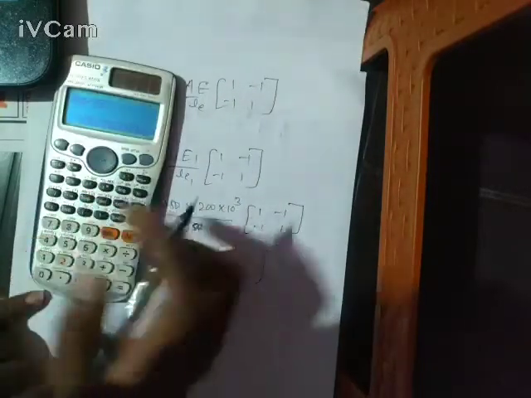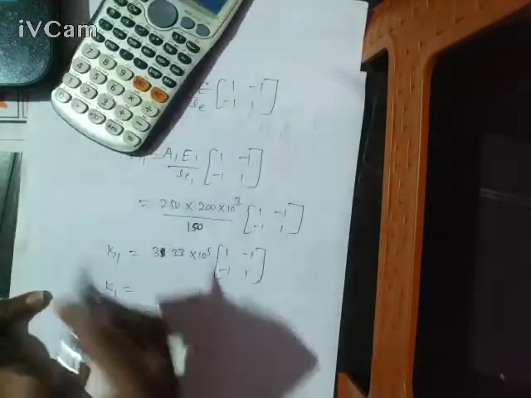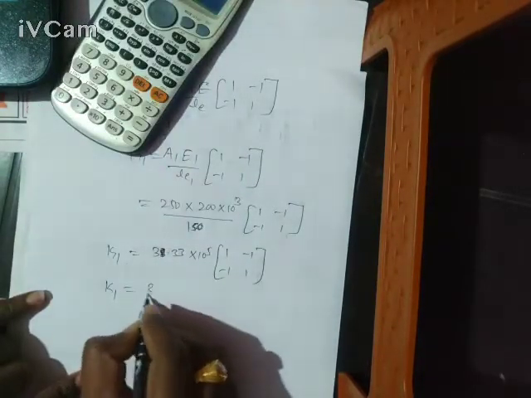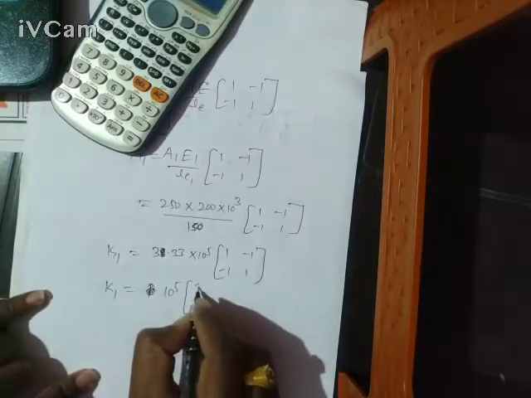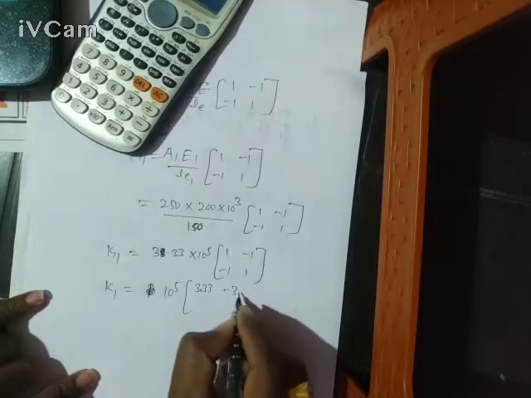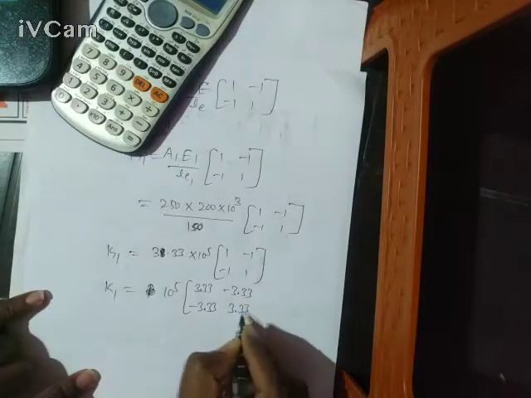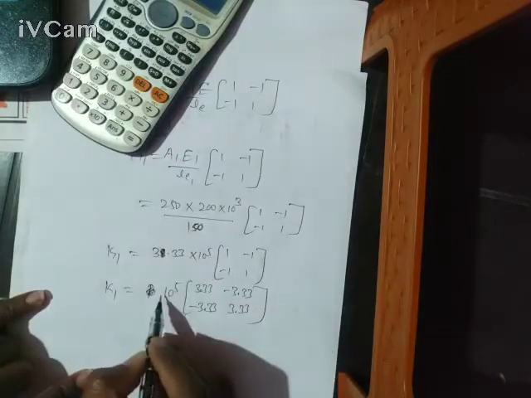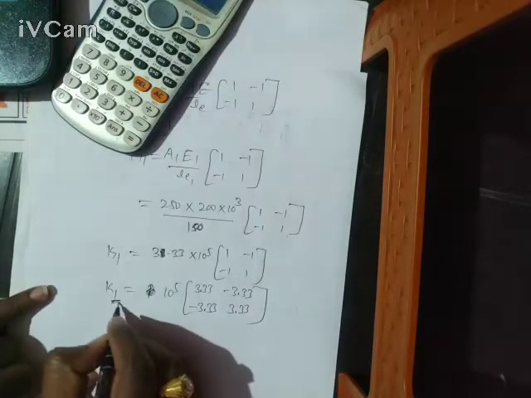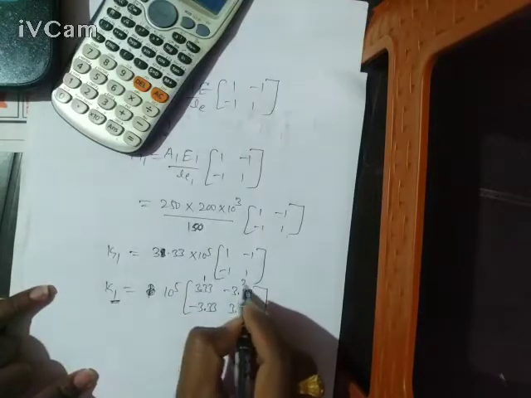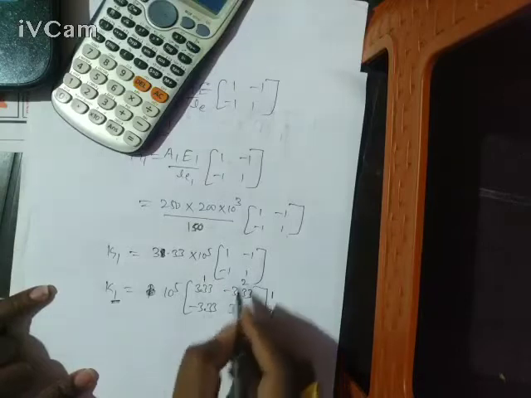Sorry, this is 3.33 into 10 to the power 5, with [1 -1; -1 1]. I keep 10 to the power 5 as it is and multiply 3.33 inside the matrix. Since element 1 means node 1 and node 2, this is first row, first column, second row, second column.